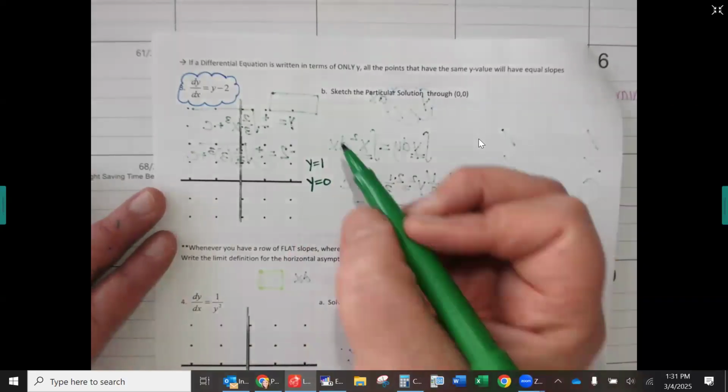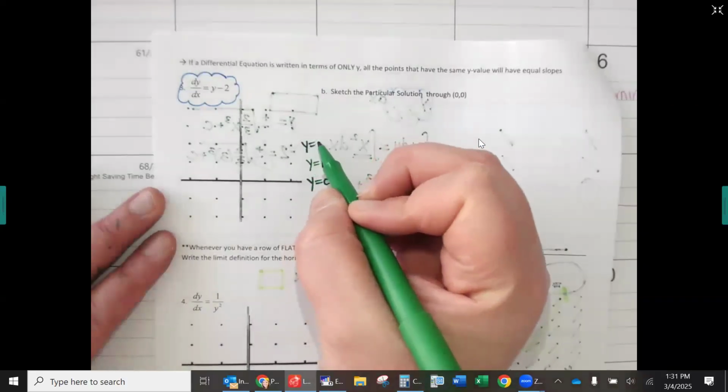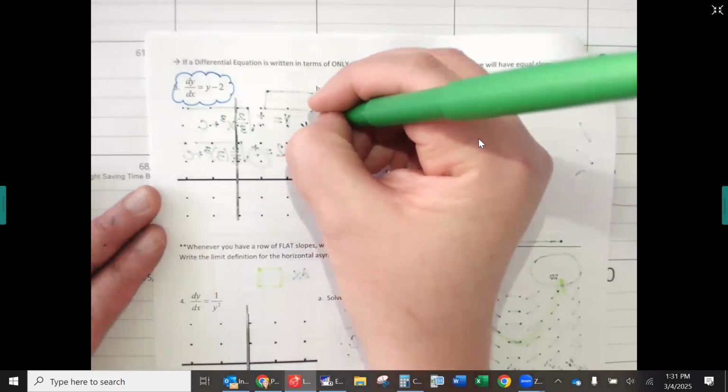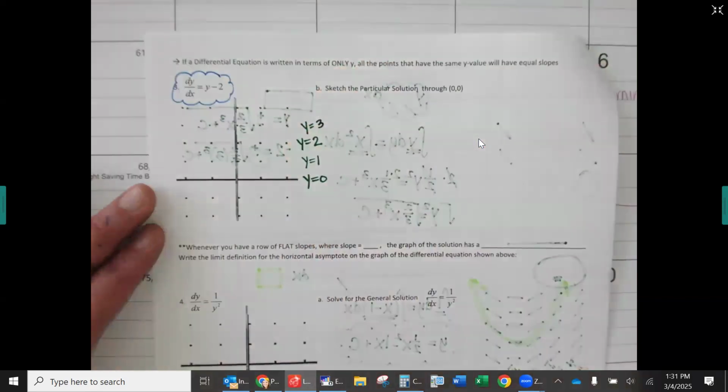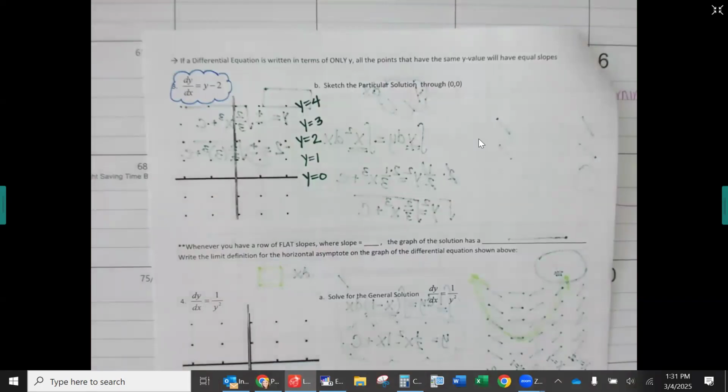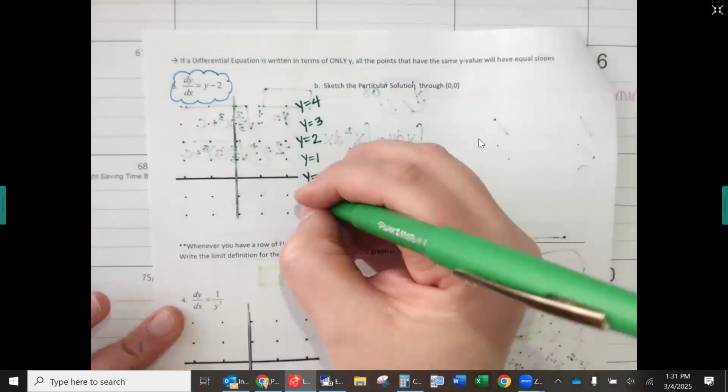Then if I go up one more row, all of these y's are 2's. Everything above that is a y value of 3. And then the very top row would be a y value of 4. Then if you want to fill in these bottom 2, every point in this row has a y value of -1. And then below that would be -2.